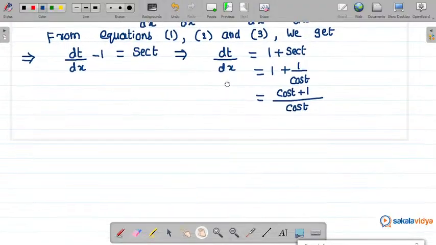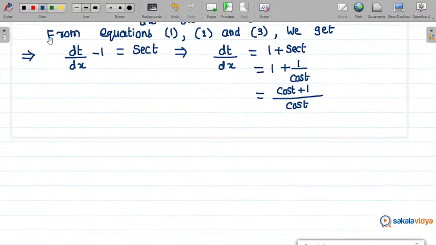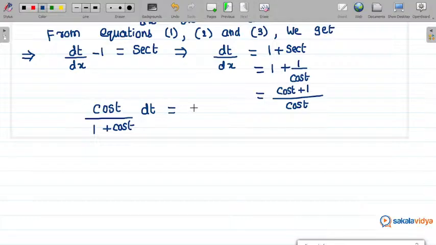This can be rewritten as cos t upon 1 plus cos t dt is equal to dx.